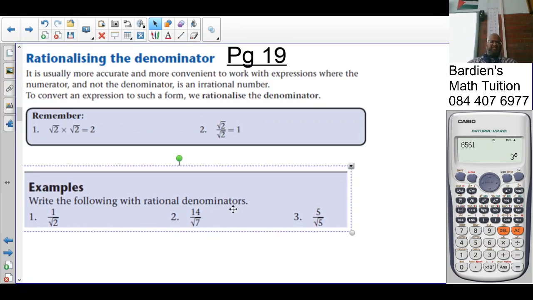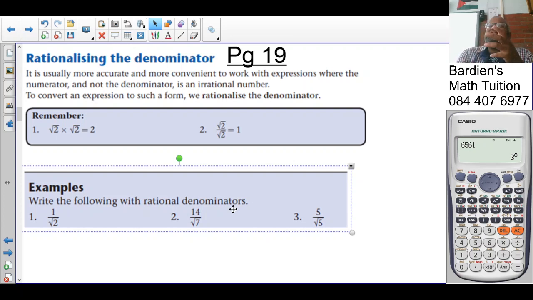Okay, rationalizing the denominator on page 19. We are told that it is usually more accurate and more convenient to work with expressions where the numerator and not the denominator is an irrational number. Hence the heading, rationalizing the denominator.